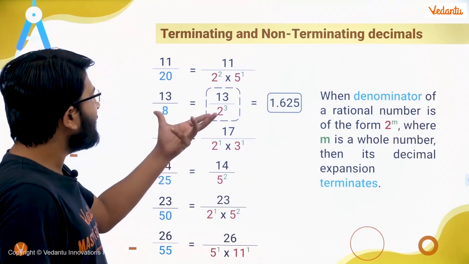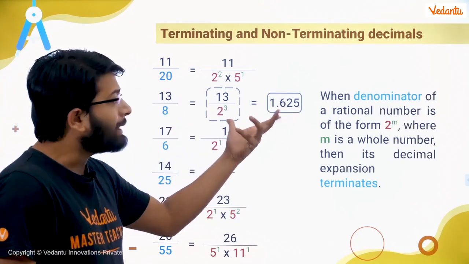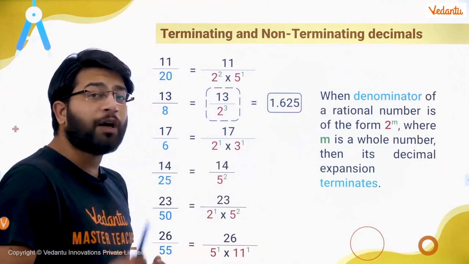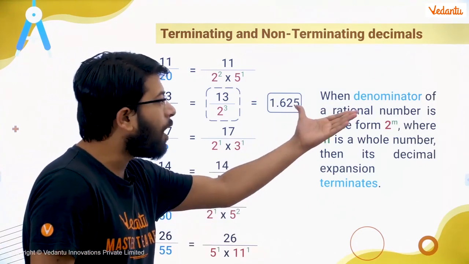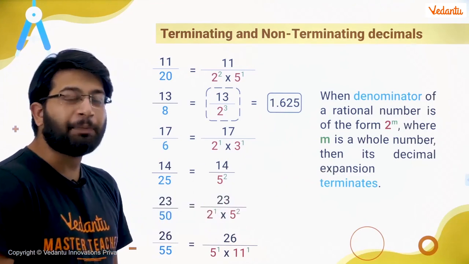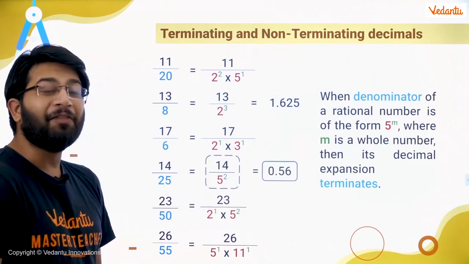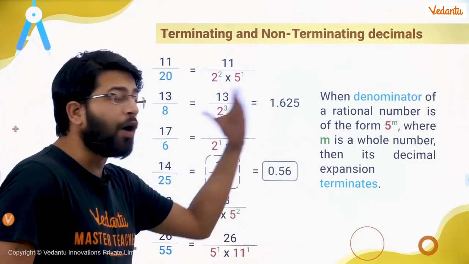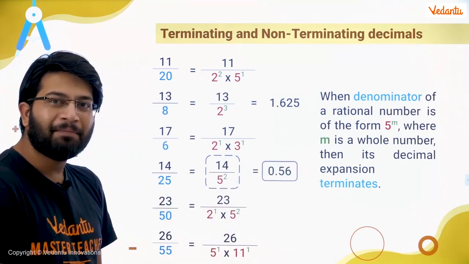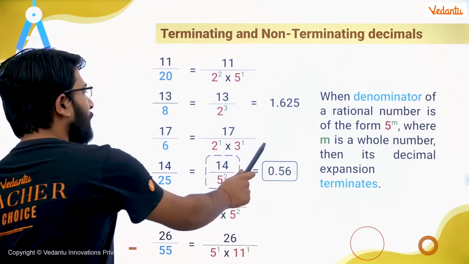We can see 13 upon 8 is going to terminate. That means when the denominator of the rational number is of the form 2 to the power m, my decimal expansion is terminating. When the denominator is of the form 5 to the power m, my decimal expansion is terminating, right?